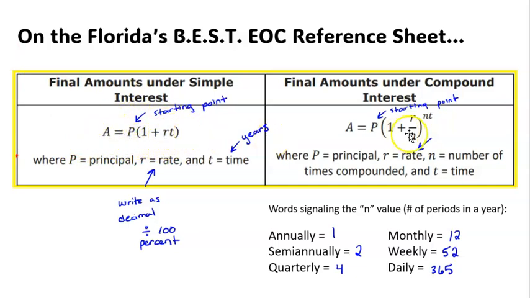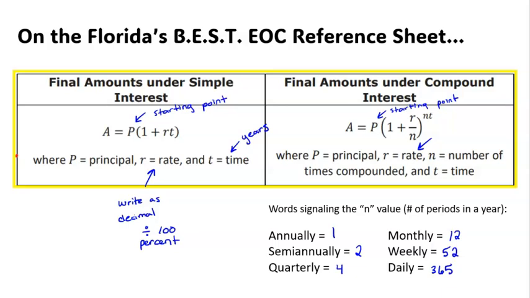Okay, and then this one gives it away that it's exponential because we have this exponent up here. And we can actually use our reference sheet to kind of trigger our memory about exponential functions in general.